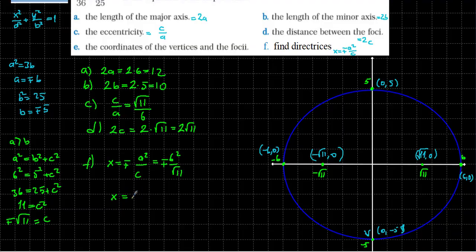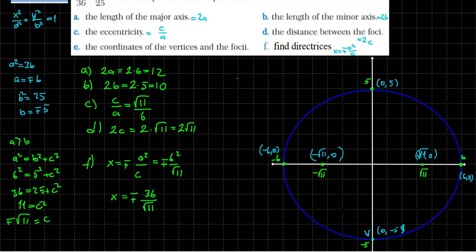X is equal to plus and minus 6 squared, which is 36, over root 11. If root 11 is approximately between 3 and 4, the value is going to be between 12 and 9 approximately. So the directrices, you remember from the previous lesson, are here, and on the other side.